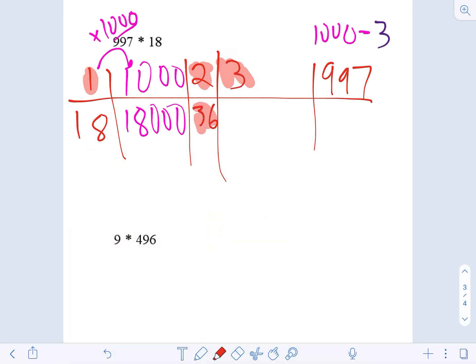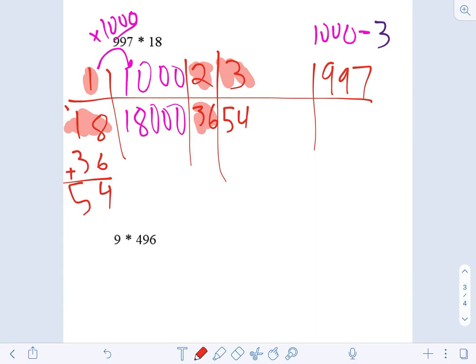So 36 plus 18, 18 plus 36, add them up. I'm really bad with adding 8 plus 6, but I think that's 14. 1 plus 1 is 2, plus 3 is 5. There you go. 3 times 18 is 54.